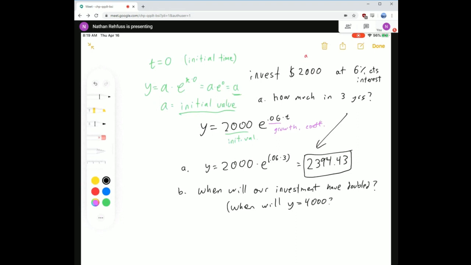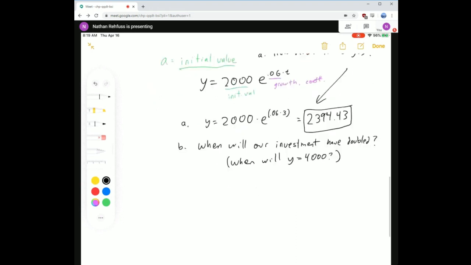The last time I asked this question was very early in this unit, and at that point we didn't yet have the technology to answer it. But today we do. I say, okay, so y is 4,000 now, and that's still equal to 2,000 times e to the power of 0.06t. And so evidently what I need to do is find what value of t makes this equation true. So all I'm doing is solving for t.